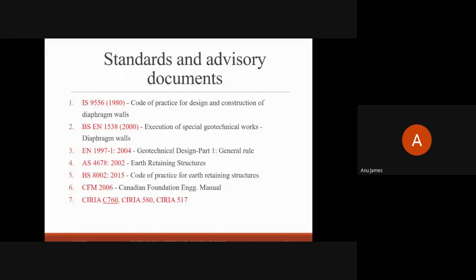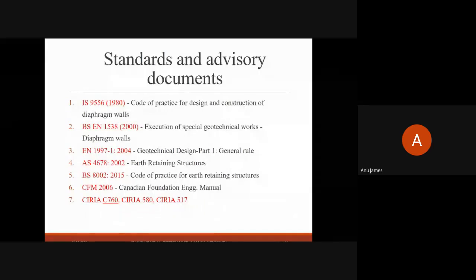These are different standards and advisory documents which we can use for the analysis of a diaphragm wall and other deep embedded systems. First is the Indian standard IS 9556, which is a code of practice for design and construction of diaphragm walls. This code is mainly about different construction methodologies and material characterizations.